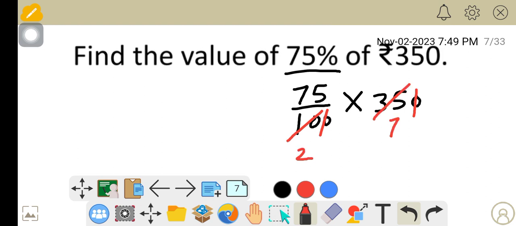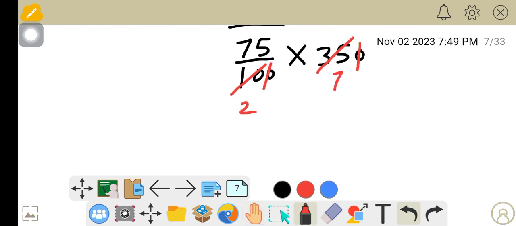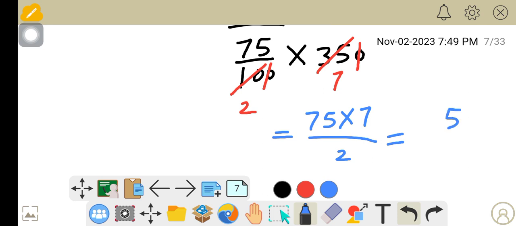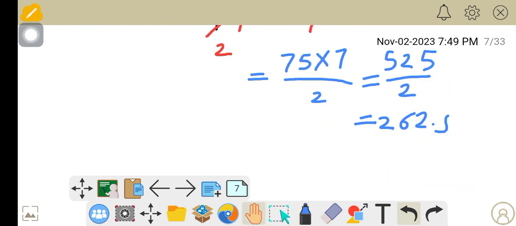So overall we have 75 into 7 divided by 2. After solving, 7 fives are 35, 5 carry 3, 7 sevens are 49, and 3 is 52, divided by 2, and this will be 262.5. So our answer is rupees 262.50.